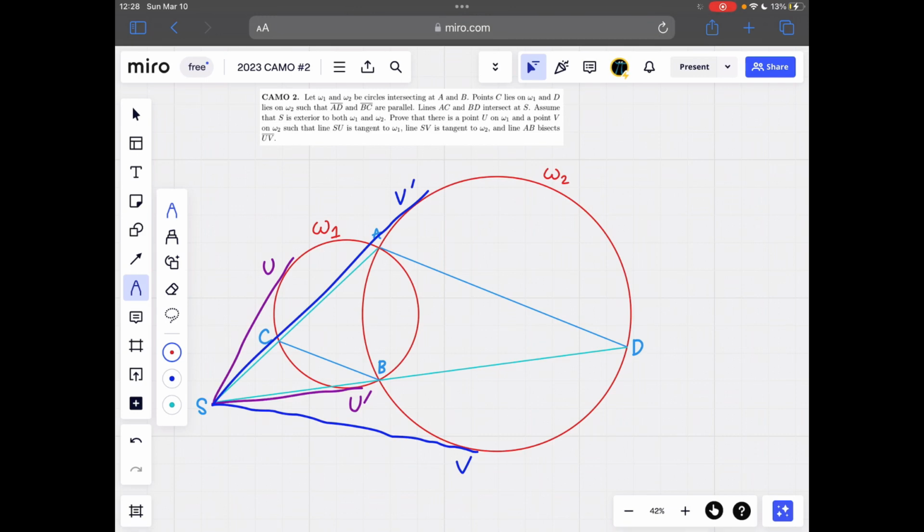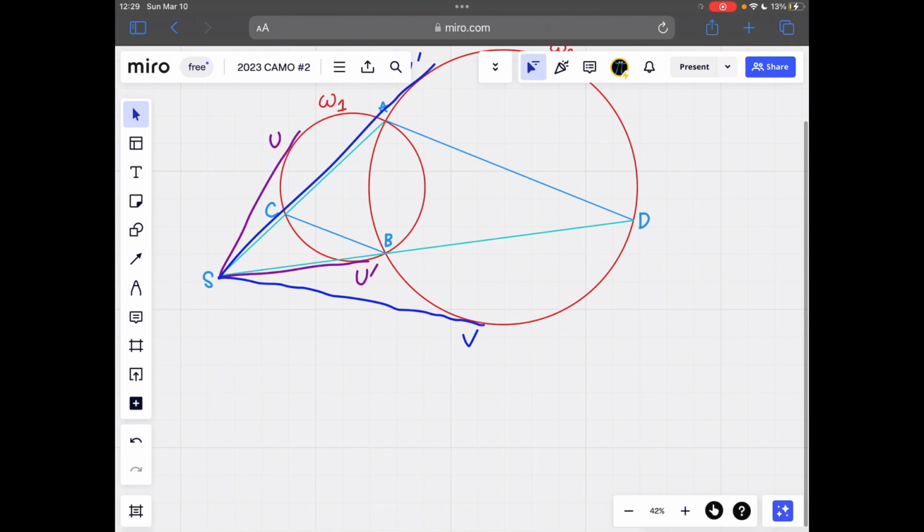And I think the best way to do that is to focus on point S. Let's go back to what point S is defined as. It is defined as the intersection of lines AC and BD, where C is a point on omega 1 and D is a point on omega 2, such that AD and BC are parallel. So this suggests we need to use the parallel lines somehow.